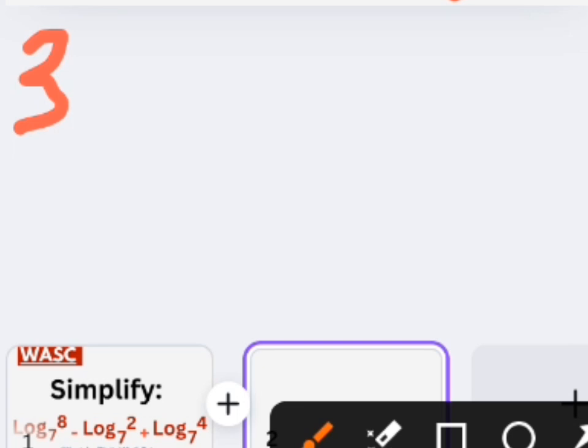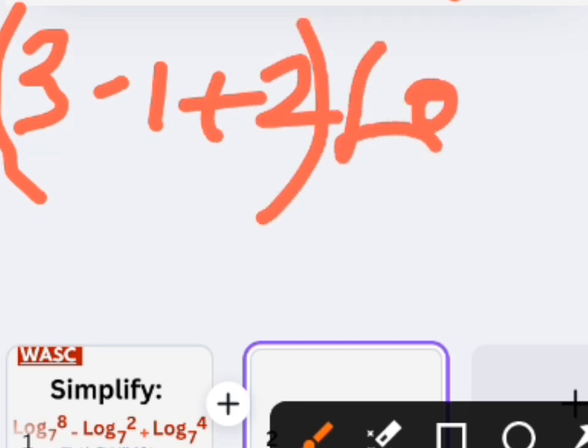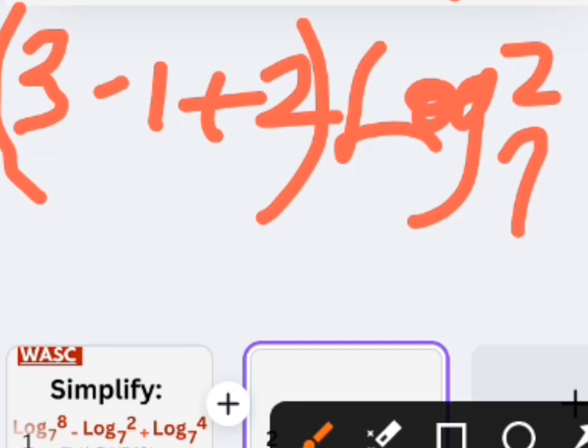Because they have a common log and base, we are going to add up the powers: 3 minus 1 plus 2, all in log 2 base 7. So 3 minus 1 is 2, plus 2 is 4.